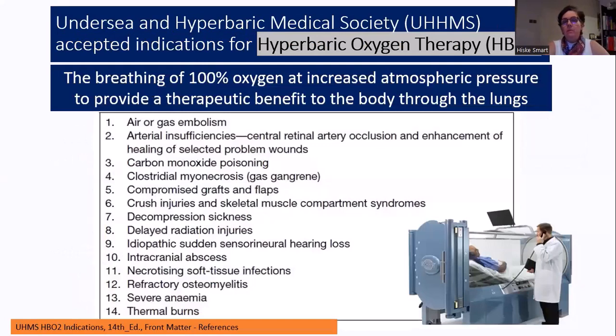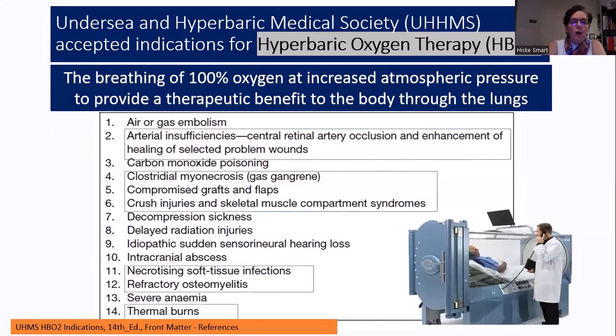So the Undersea Hyperbaric Medical Society has these 14 indications for hyperbaric oxygen therapy, of which those that are on the blocks are all those that have something to do with a wound. So that's the arterial insufficiencies, and that's what we are looking at with the diabetic foot.